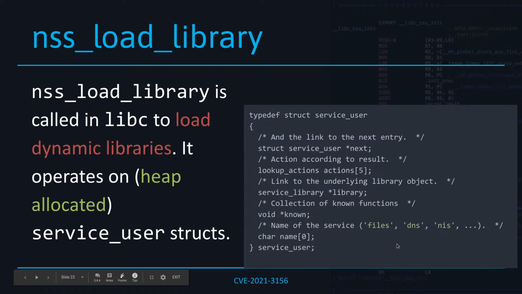And once we control that library, we can actually load our own malicious code. So instead of loading, for example, some string parsing library you might want to use, we can load in some malicious library which will allow us to execute our own code and gain control of the system.